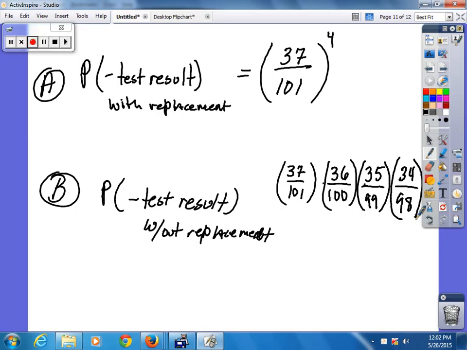And we take our handy dandy calculator and we calculate that.